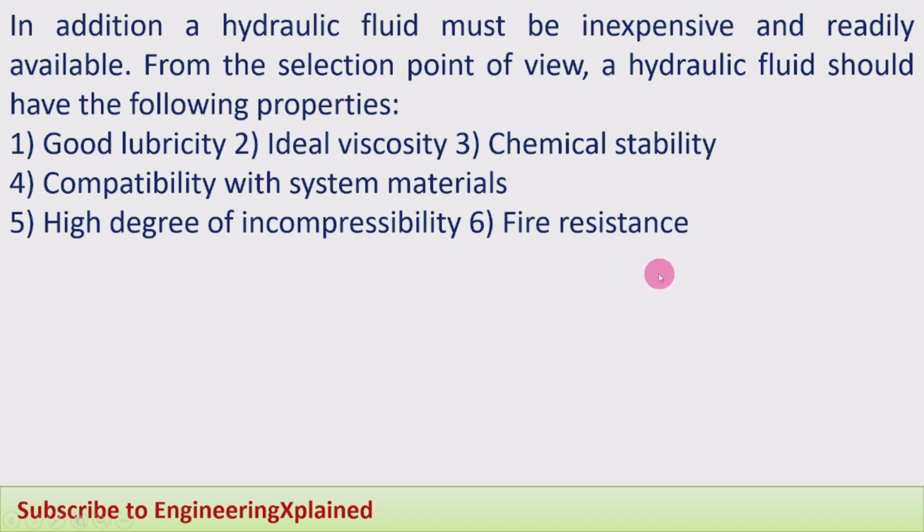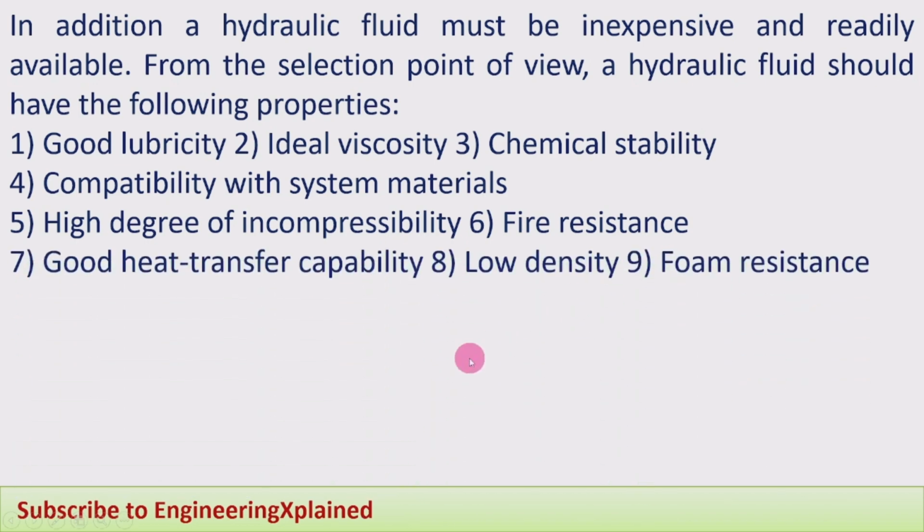Fire resistance: it should not catch fire during high temperature operation. Good heat transfer capability: it should transfer the heat, that is, the dissipation of heat should be performed. Low density: if the density is lower, the weight of the fluid will be less, so the system weight will be lower. Foam resistance: it should not form foam during operation.